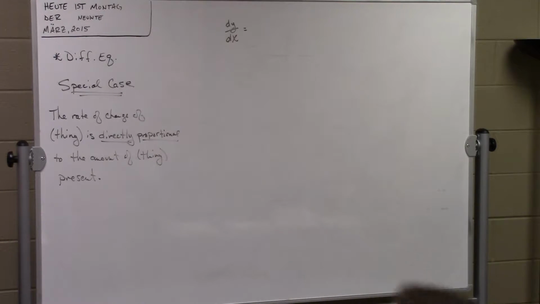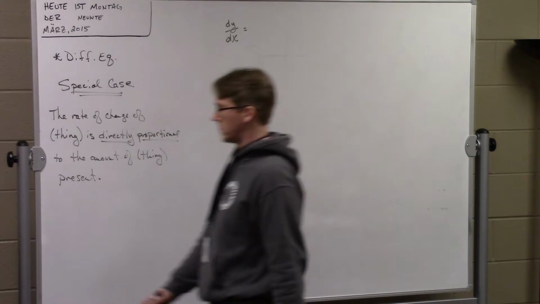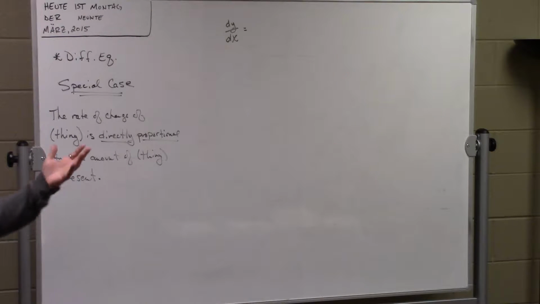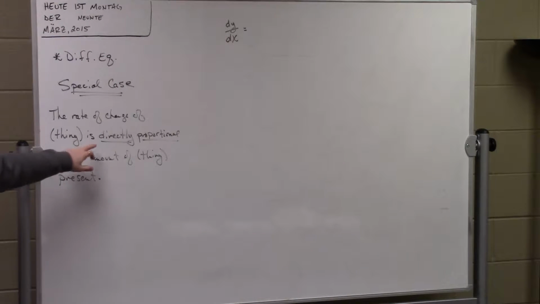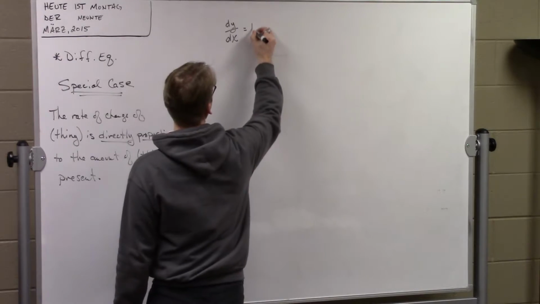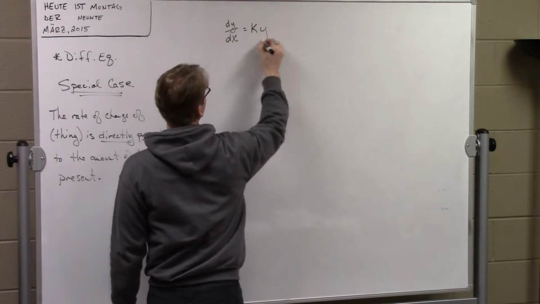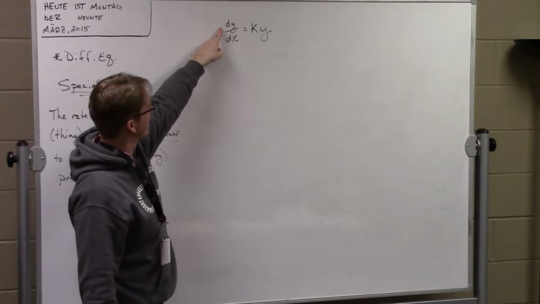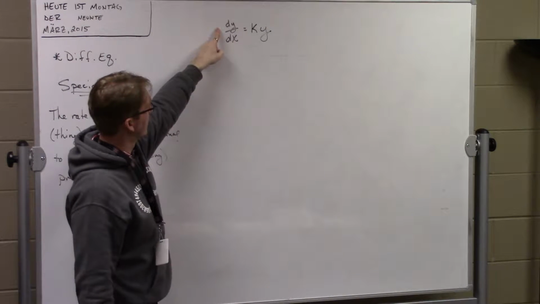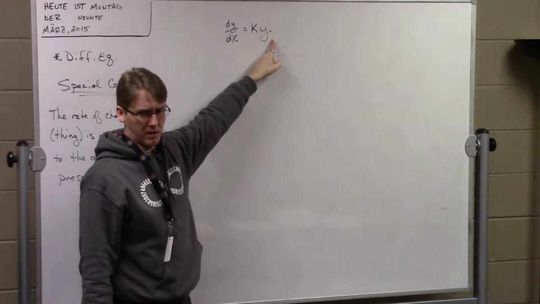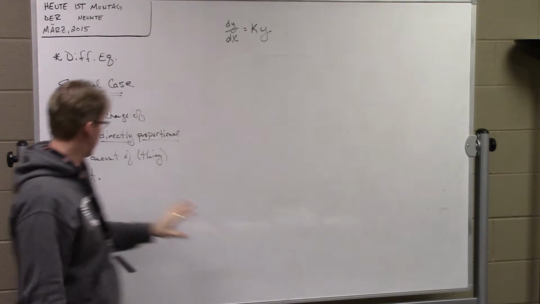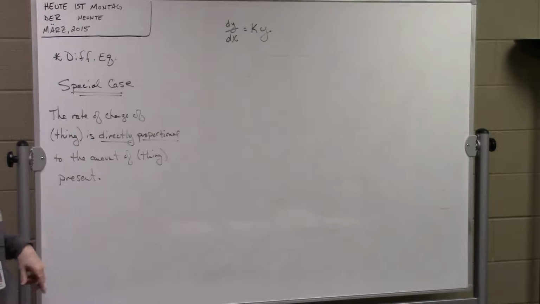But all in all, you got some derivative, call it dy dx, or dp dt, or whatever, directly proportional to the amount of thing present. This is the derivative of some function y, and that derivative is directly tied to the original function y. So this right here is how we would interpret this sentence. The rate of change of something is directly proportional to the amount present.